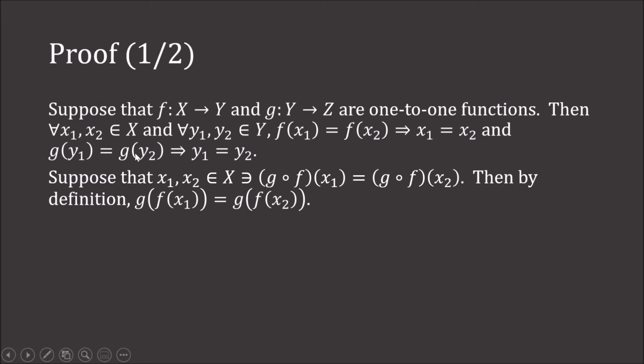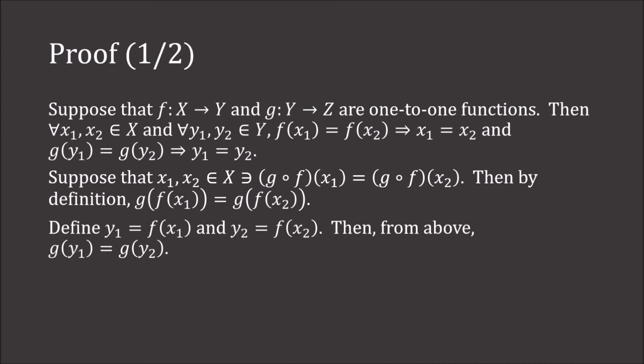Suppose that x1 and x2 are elements of X such that g of f of x1 is equal to g of f of x2. Right, what we have to do is show that x1 is equal to x2. So define y1 to be f of x1 and y2 to be f of x2.